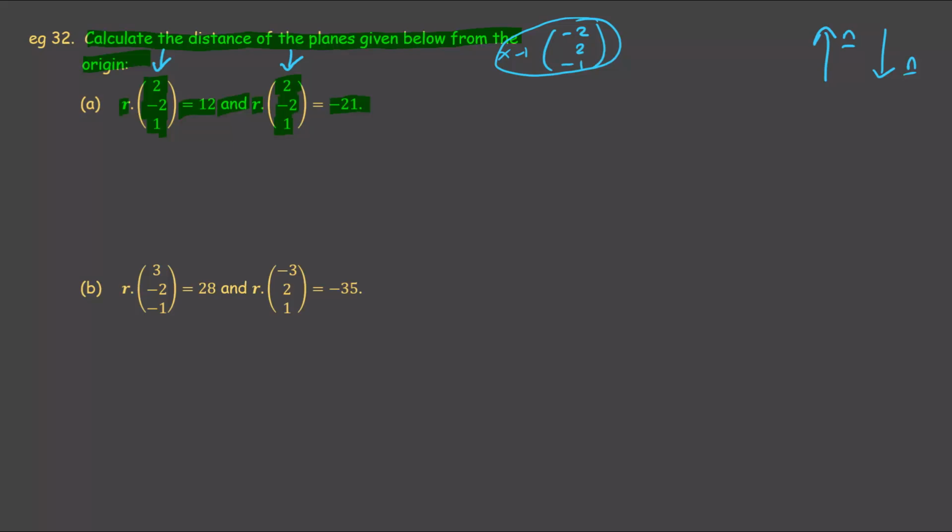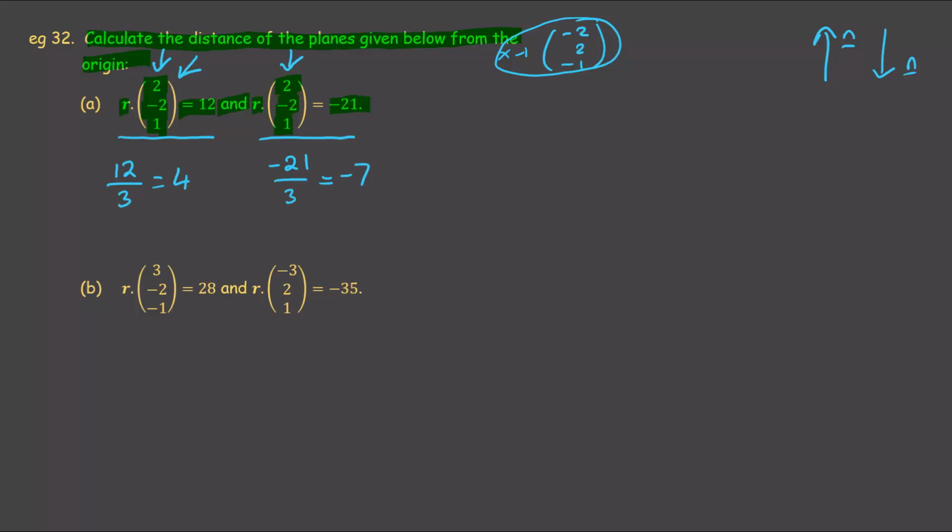We worked these ones out in a previous example, and we found that the distance of this one from the origin was 12 divided by 3, which is equal to 4, 3 being the magnitude of this normal. And for this one, when we did the initial calculation, we got -21 divided by 3 is -7.